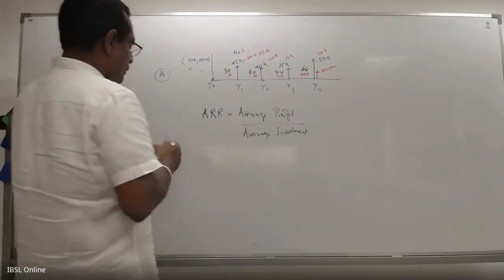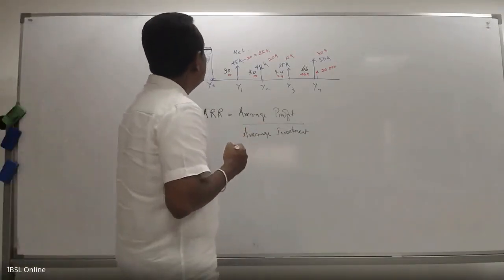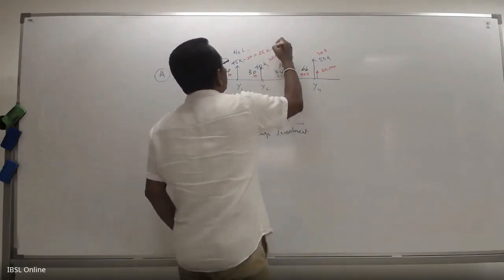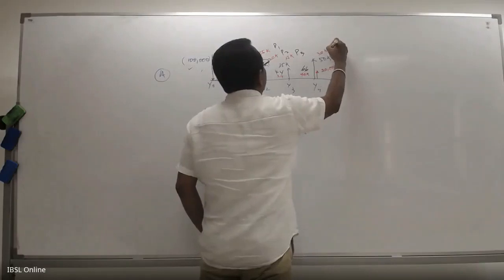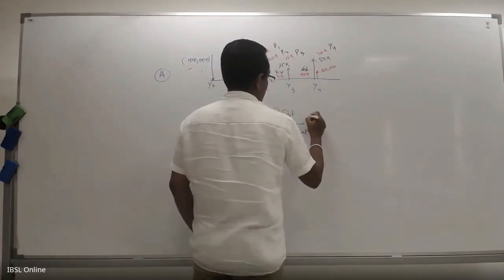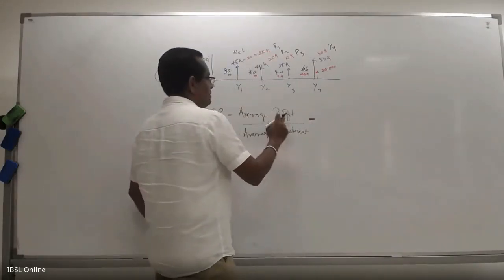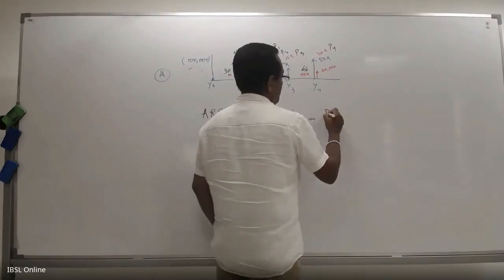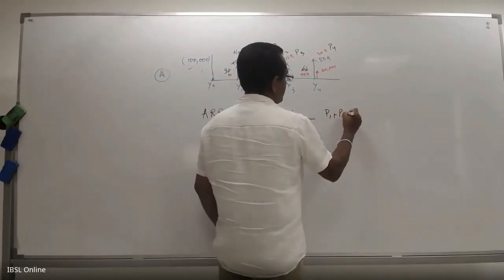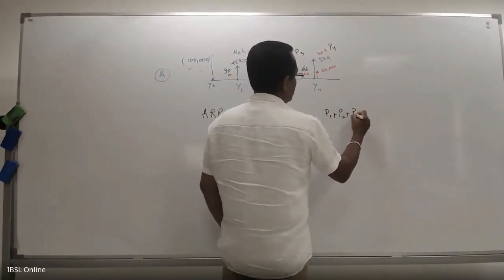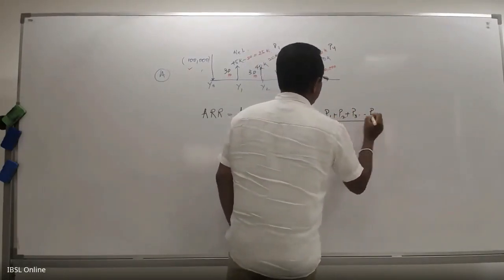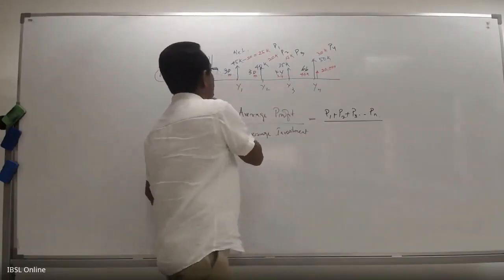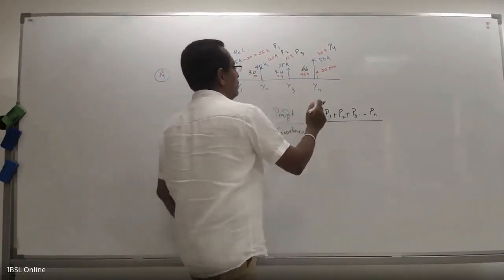So how we go about is this: if we take P1, profit 1, profit 2, profit 3, profit 4, average profit equals P1 plus P2 plus P3, like that, up to Pn, divided by number of years, 1, 2, 3, 4.